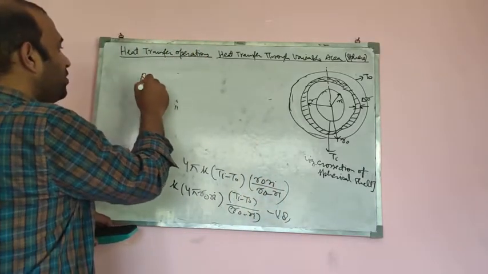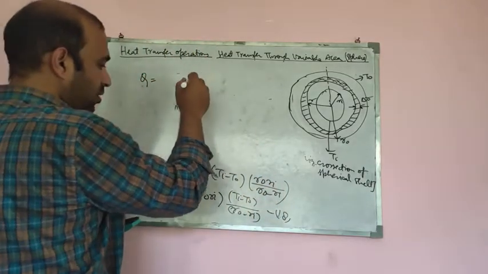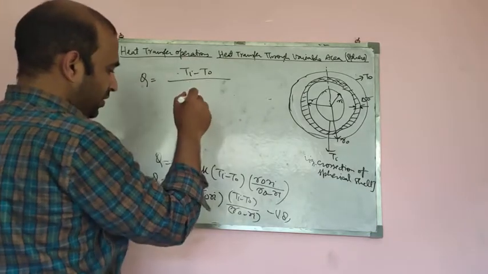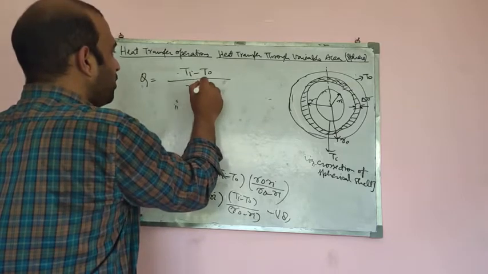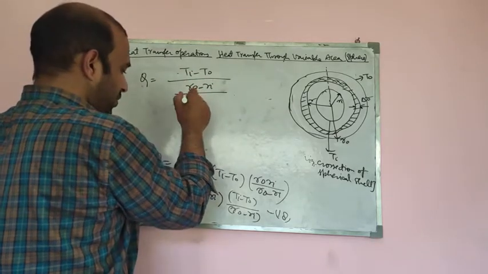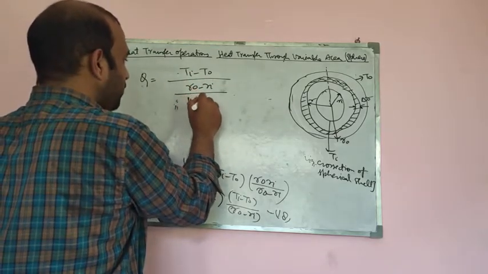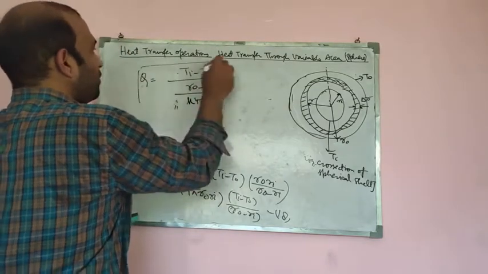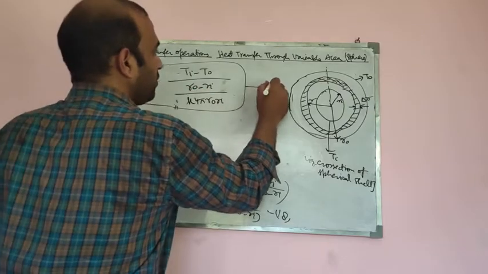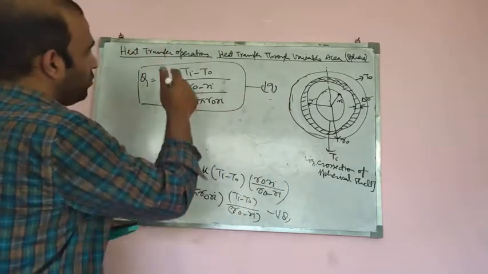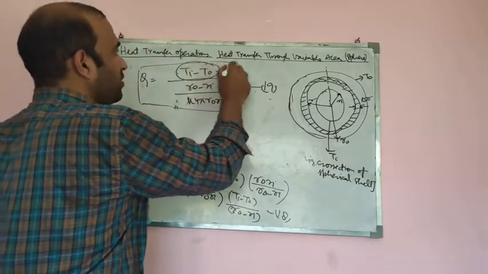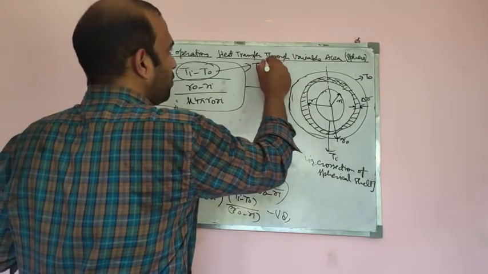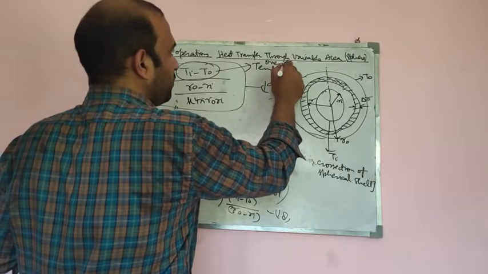So equation 18 can be rearranged. I can write it like this: Ti minus T naught divided by R naught minus Ri divided by K 4 pi R naught Ri. So this is the final equation. Let's call this equation 19. So in this equation, this Ti minus T naught is the temperature difference, or I can say it is the overall temperature difference for the sphere.